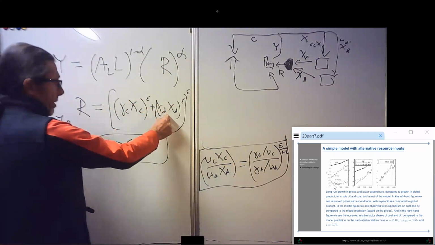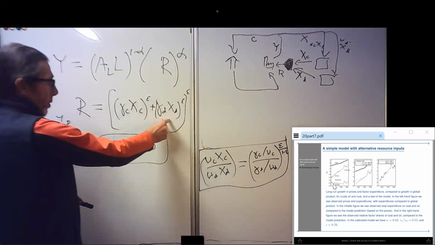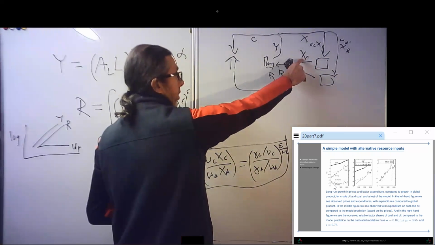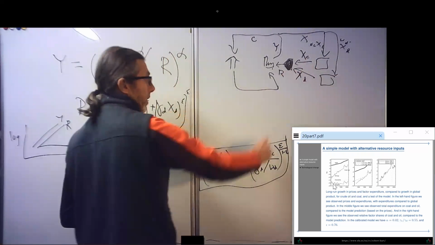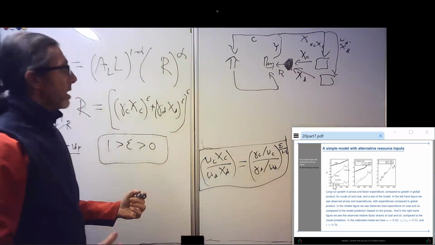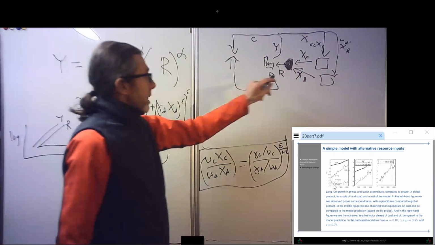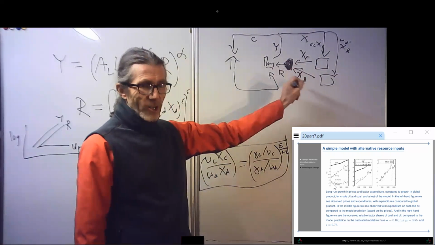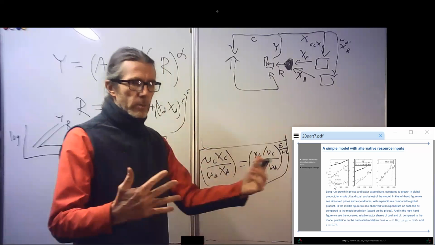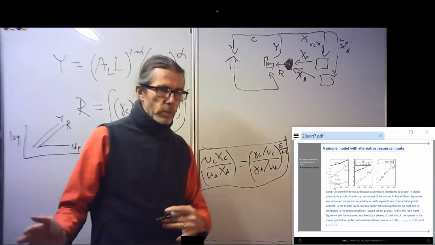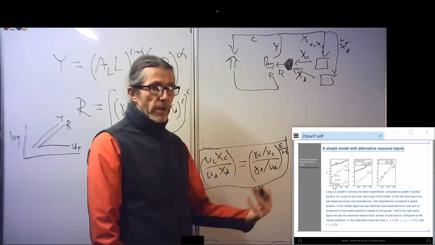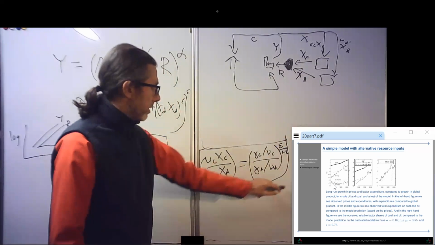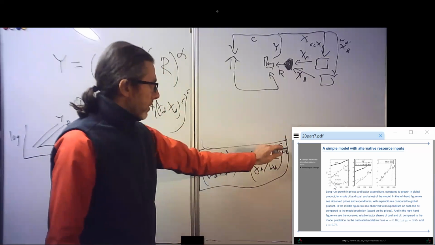So when this input gets a bit more expensive, these guys are going to choose lots more of this and much less of this. So if WD goes up, we're going to spend less on D, not more. It gets more expensive, we spend less on it because we shift to the other input to a very high degree. And that's what we see here, because this is positive.